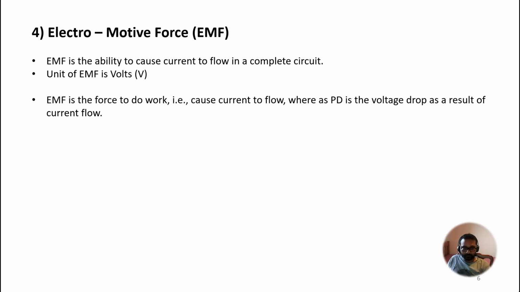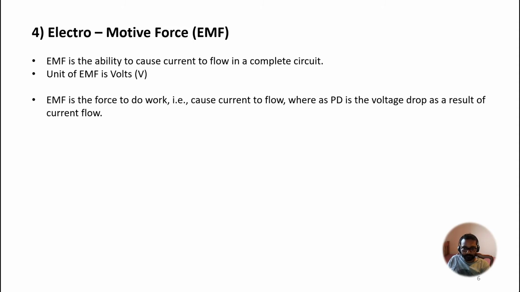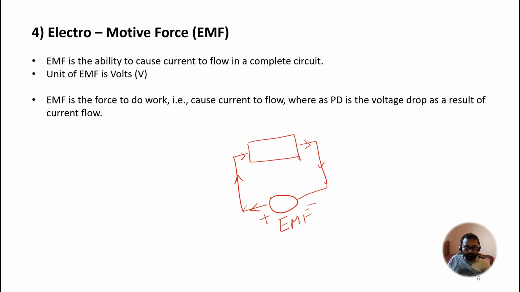One is your EMF, which is forcing the electrons or the current to flow in a complete circuit. Now, is this circuit complete? No, because it's not going back to the negative terminal here, right? That's why you have to specifically mention a complete circuit.